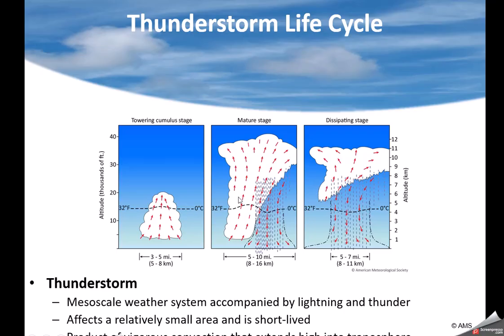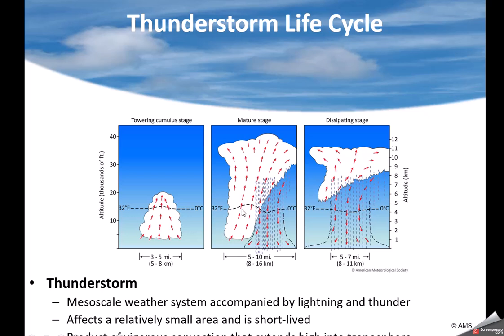At some point, precipitation begins to develop in the upper part of the cloud. The precipitation gets heavy enough to begin to push the air back down, and you wind up with a rain shaft. So this would be the front of the thunderstorm as it's approaching you, and this would be the back where the precipitation was.